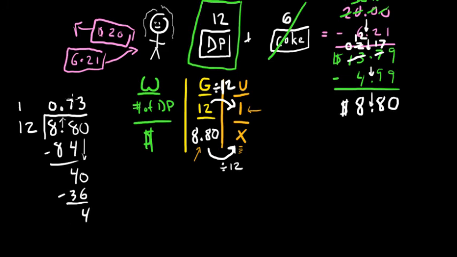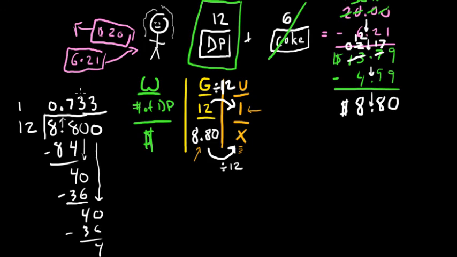Okay, just for the sake of rounding, let's add an additional 0 here and drop it. And that will go 3 times. It gives me 36, with a remainder of 4. So here's our answer, $0.73. The 3 is not big enough to round up to 4.